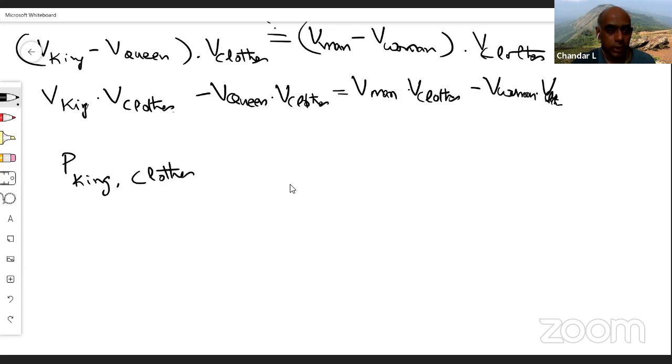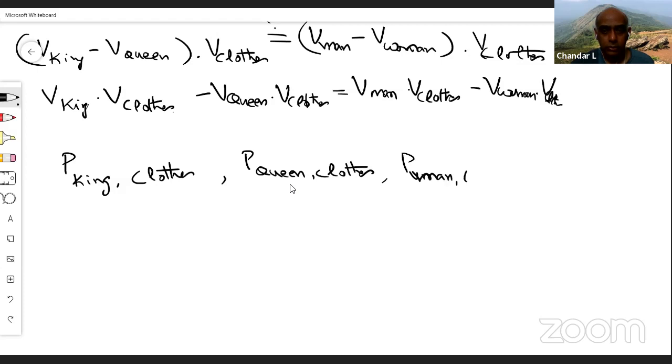I'm not doing anything here, I'm just writing these different possibilities and somehow trying to connect these with these vectors. So what is the meaning of P king comma clothes? It means the probability that clothes will occur whenever the word king occurs. So that is the probability P king comma clothes. So let me write P of queen comma clothes. This means the probability that clothes will occur whenever queen occurs.